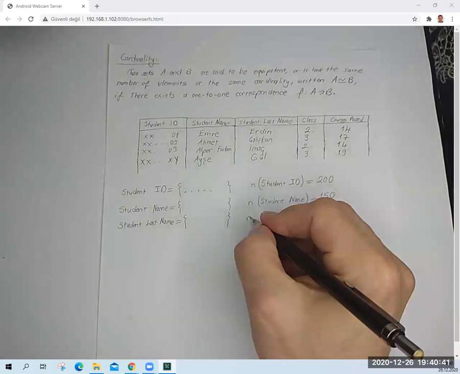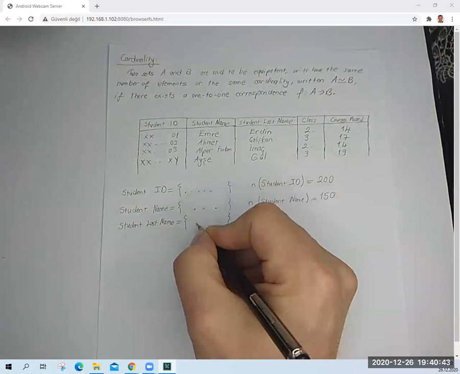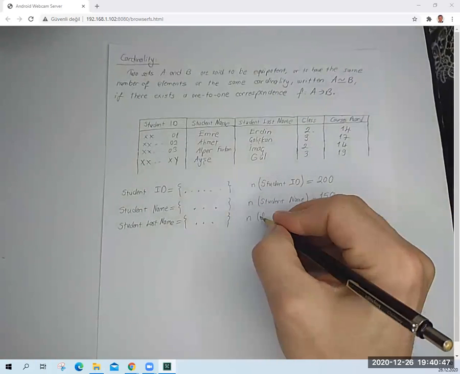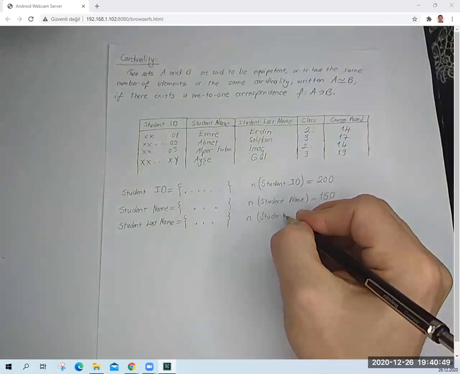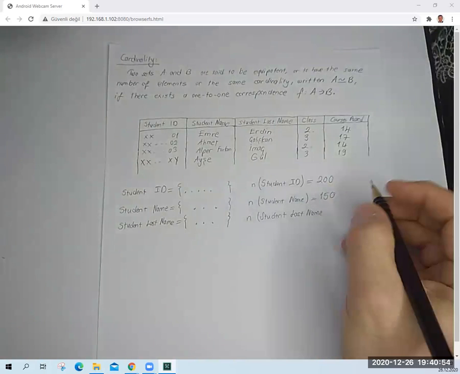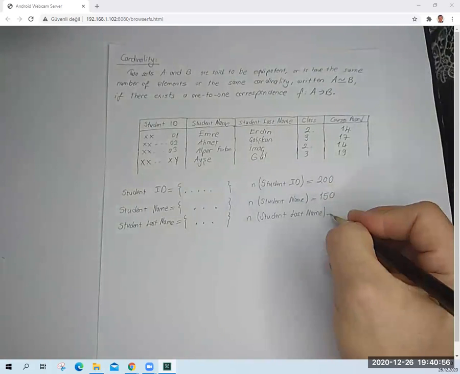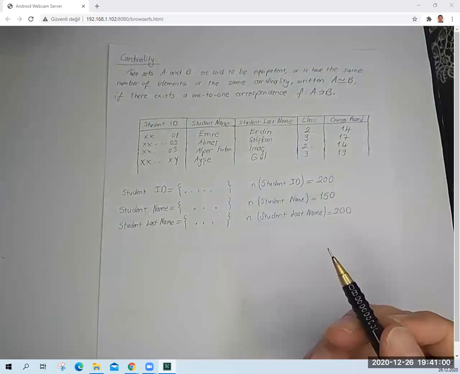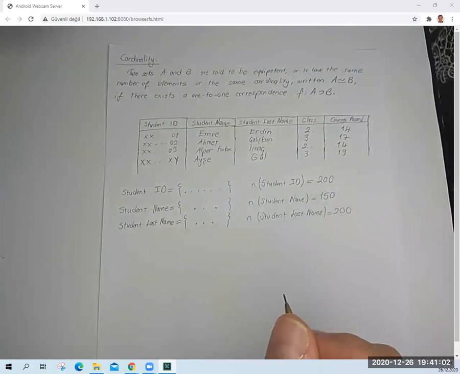And the last name, for example, if you look at the last name in that table, you can't say exactly. Okay, let's say there is exactly 200. Last name and ID have the same cardinality. So this is the point actually.